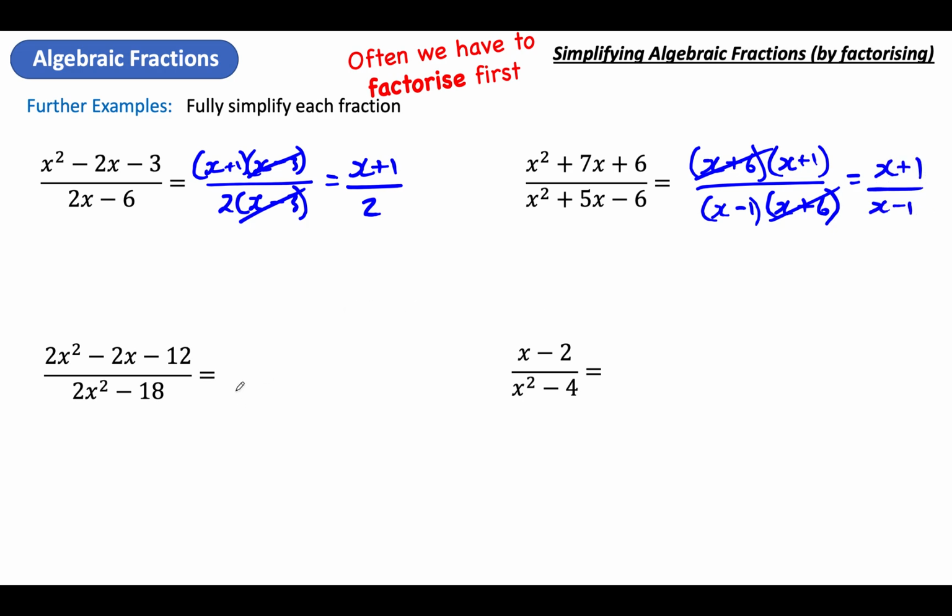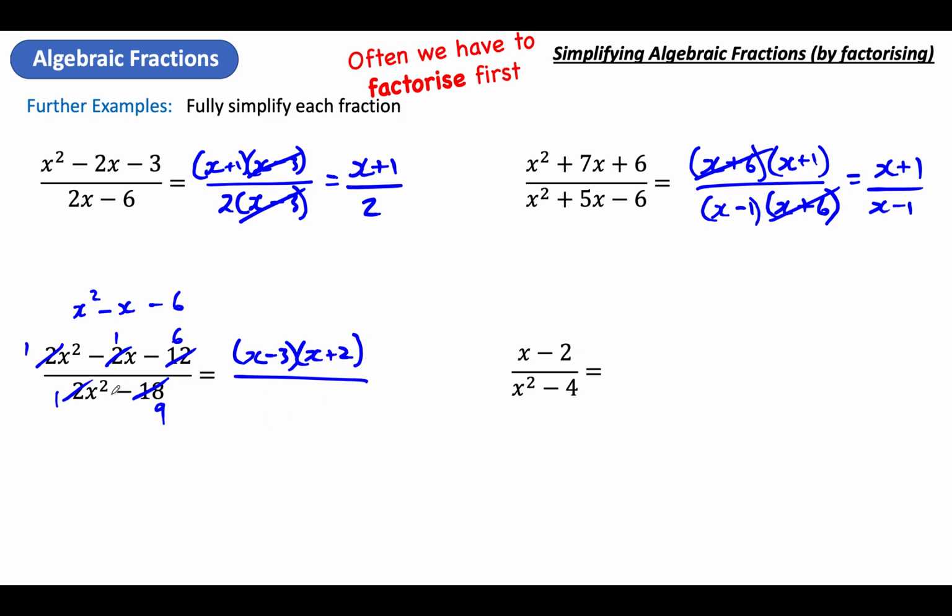But it's good practice. Now this one, tricky, isn't it? If you could factorise this completely, probably with the 2's, but actually you can divide every element in this fraction by 2. Which is going to make things a bit easier. Now, my equation on top is now x squared minus x minus 6, which factorises to be x minus 3 and x plus 2.